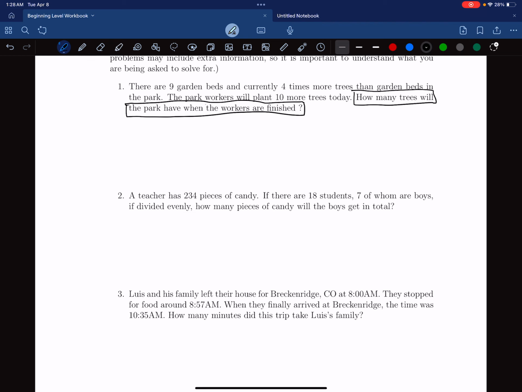And let's underline some important information. We're given that there are 9 garden beds and 4 times more trees than garden beds. And we also know that workers will plant 10 more trees today. Based on this information, the first thing I would do is find the current number of trees.